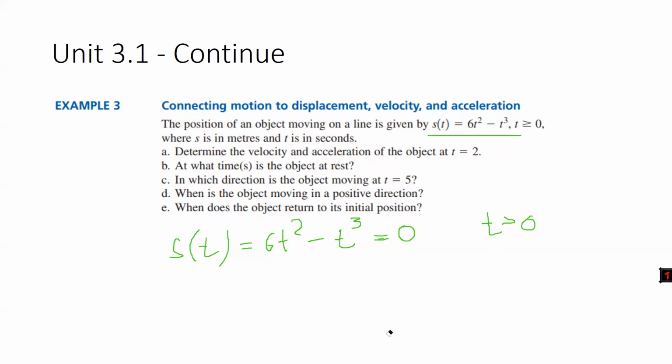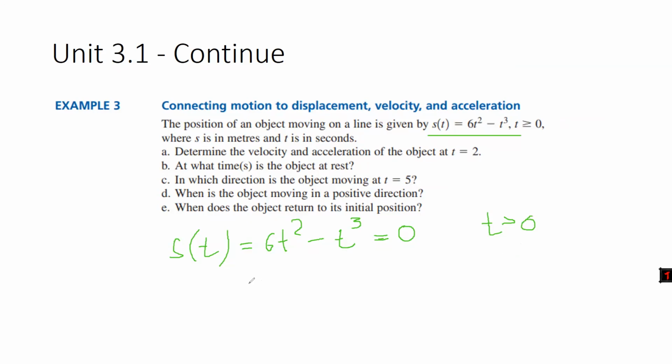Let's read it together: when does the object return to its initial position? We are not interested in the starting point, because at the starting point we already know that distance equals 0. So our solution would lie in the range t greater than 0.